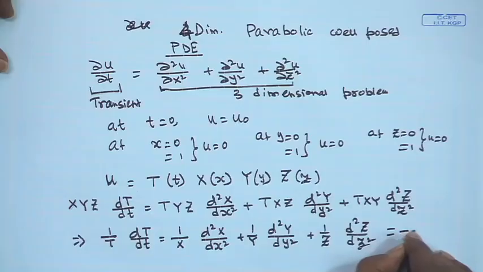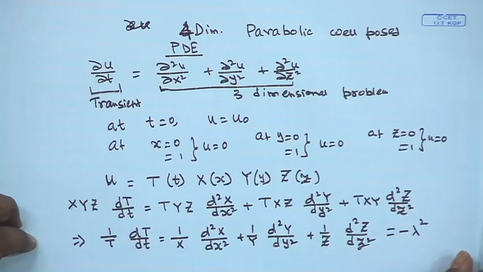The left hand side is entirely a function of time, the right hand side is totally a function of space. They will be equal to some constant, and this constant has to be negative. If we have a positive constant or 0, then we will land up with a trivial solution. So, this has to be equal to minus lambda square, where lambda square is a positive constant.